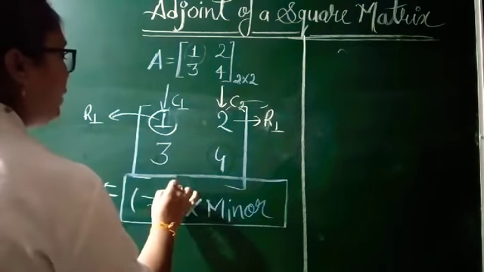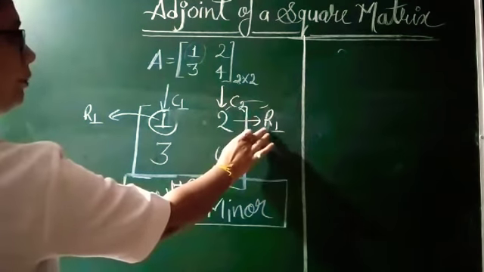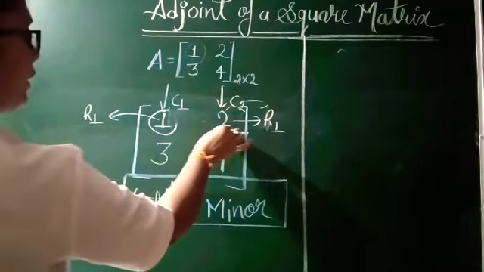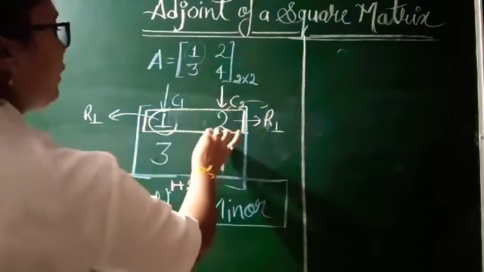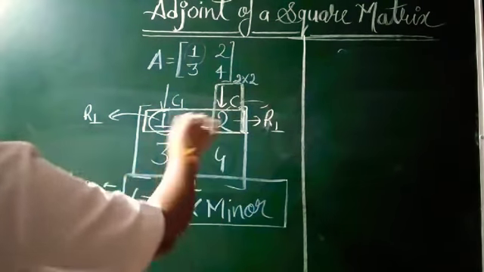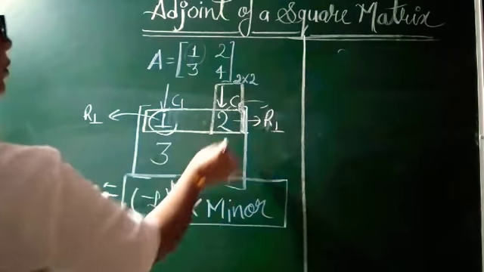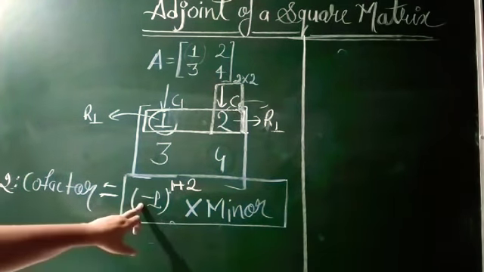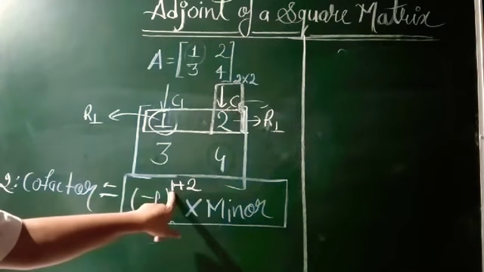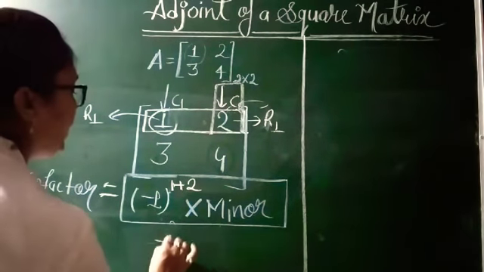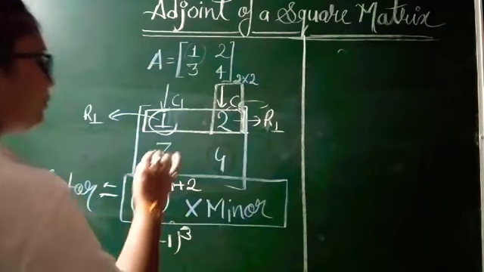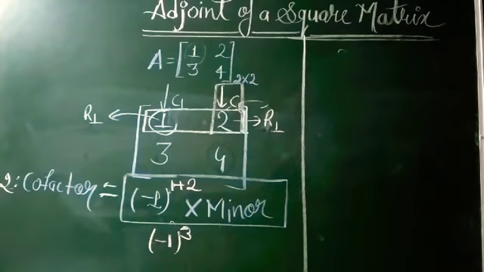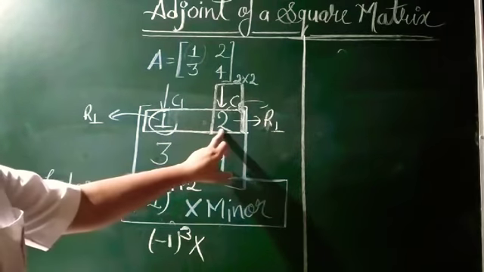So we write row plus column, that means 1 plus 2. That is why we have negative 1 raised to 1 plus 2, which becomes 3. Now we find the cofactor of 2.